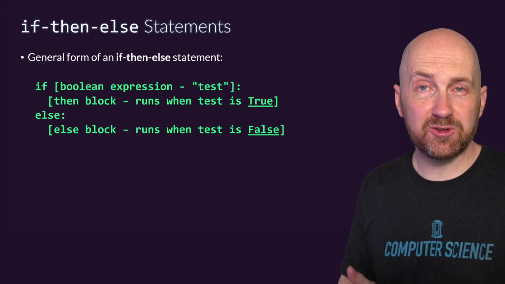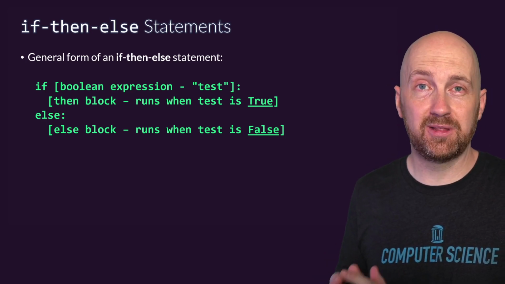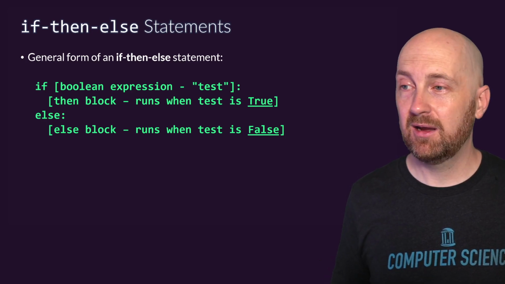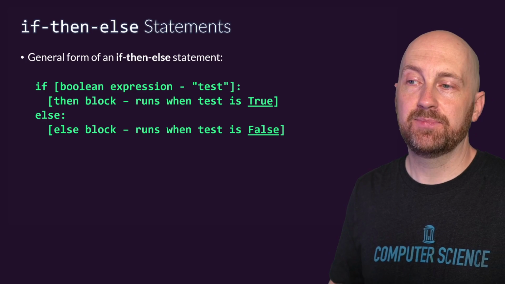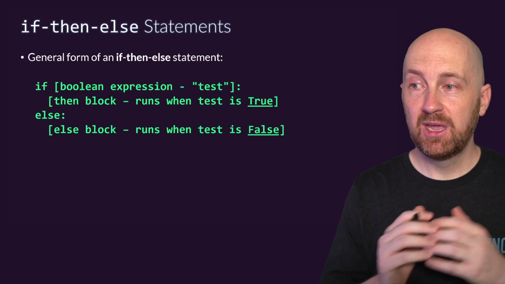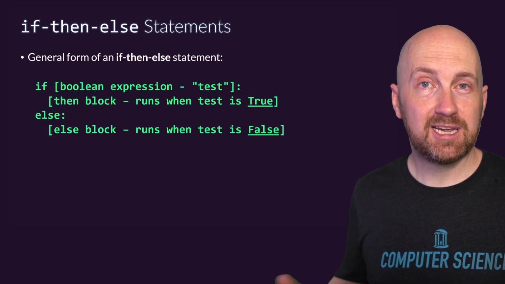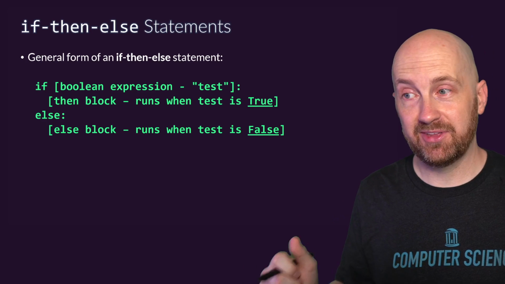And then for the else block, notice it's the keyword else. So this is another special reserved word in the Python language and in most programming languages that we need to be careful not to use as a variable name, but we do want to use when we're trying to write conditionals where we want one thing to happen if the test is true and something else to happen if the test is false.